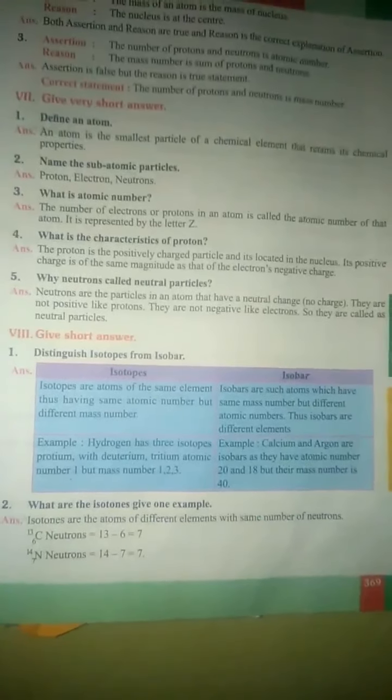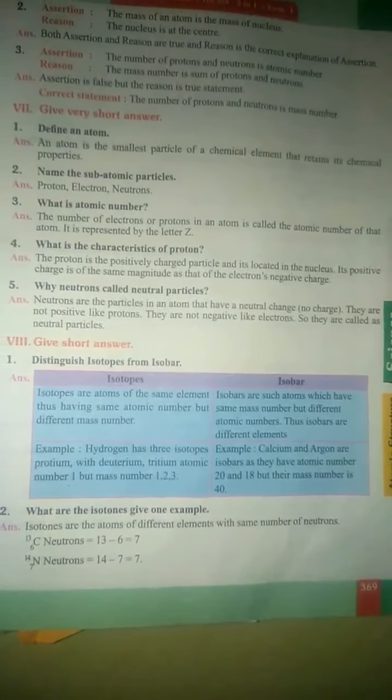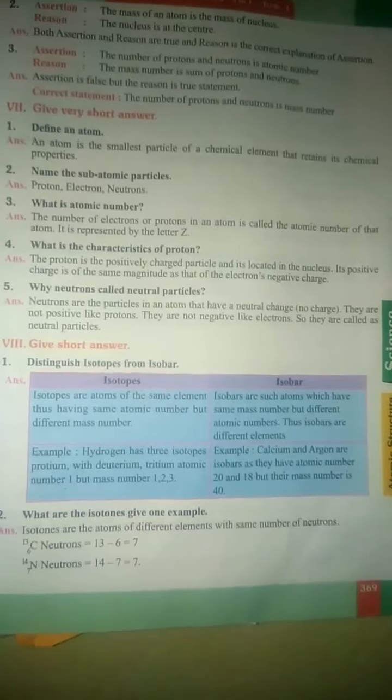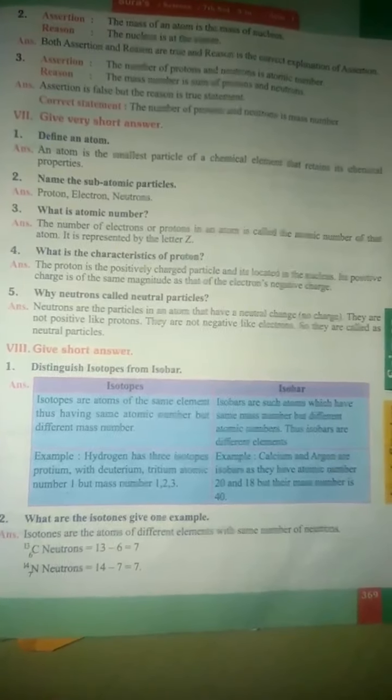The answer is on page number 45. Give short answers or brief answers for Roman numeral 8. And the difference between isotones and isobars is on page number 47 in your book.